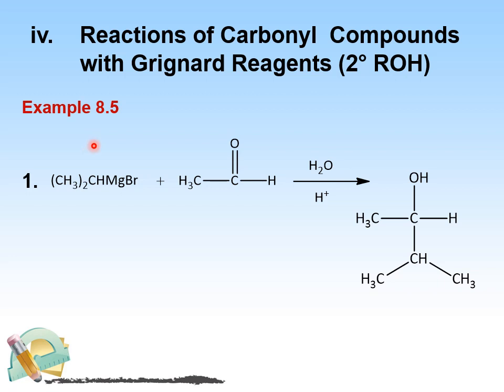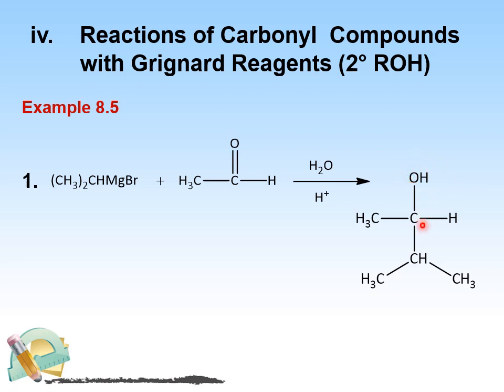Alright, example 8.5 is the preparation of a secondary alcohol by using Grignard reagents and an aldehyde. So we are going to get a reactant. This reactant is an isopropyl magnesium bromide. Okay, the R from the Grignard reagent can be attached directly here to the carbon that is attached to the hydroxy group.